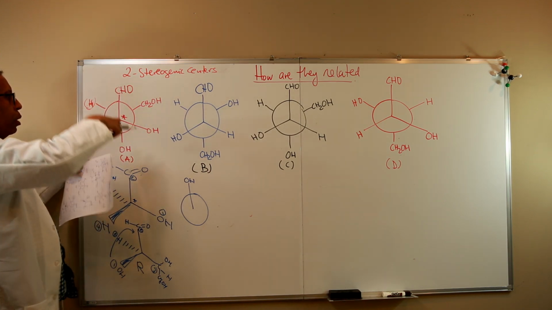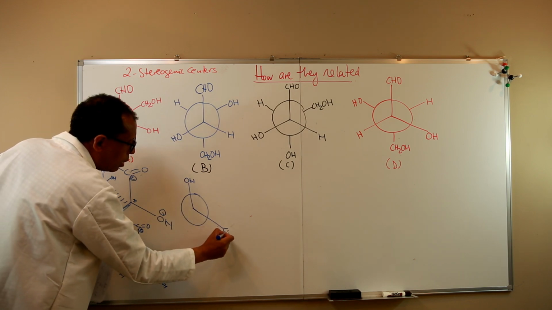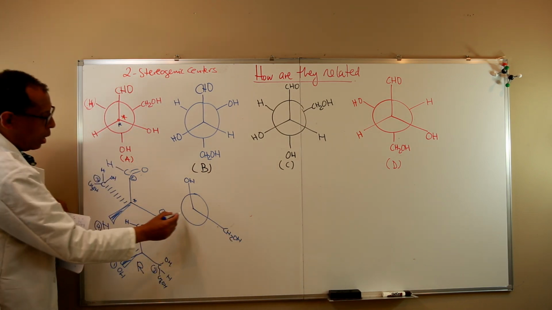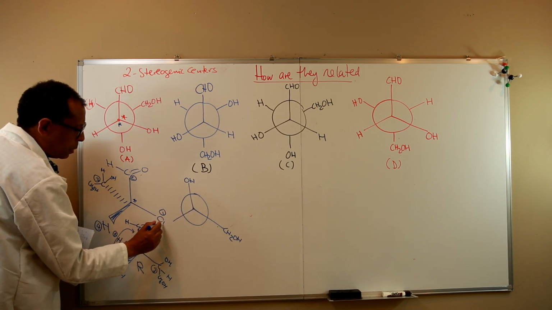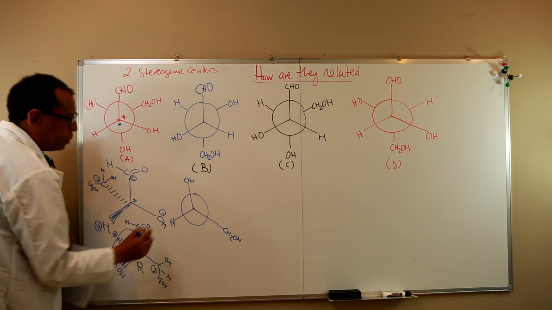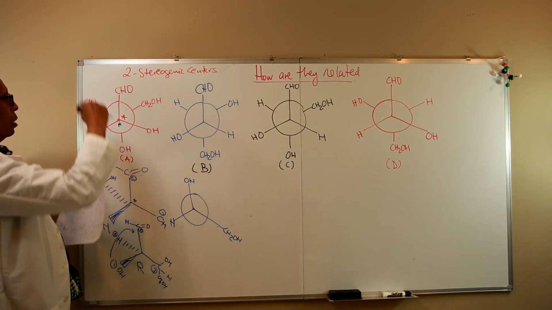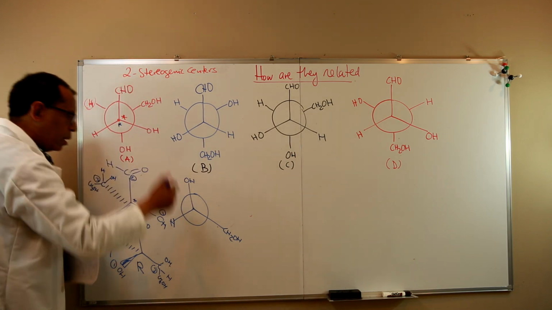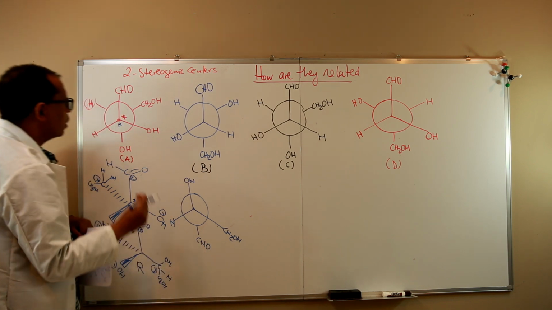So when you do that, CH2OH would be here, right? And hydrogen would be here. How about the front one? Now the front, CHO goes down because you flip it 180 degrees. CHO is here, right?